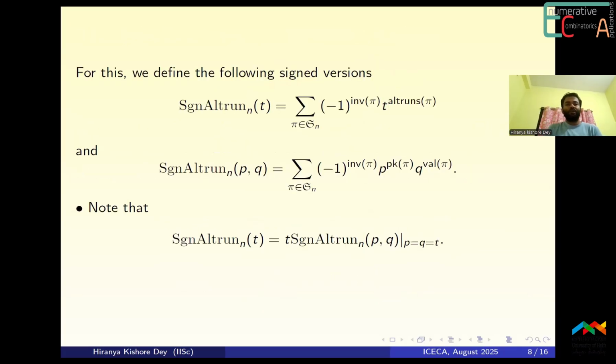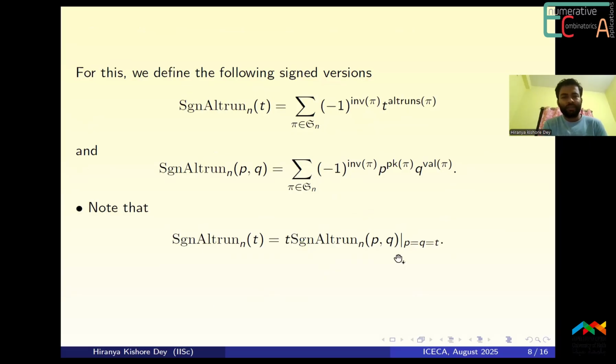Towards that, let us define the signed versions of those polynomials. Signed altrun n of t denotes the summation of minus 1 to the power inv of pi, t to the power altrun of pi. And signed altrun n of p, q is the summation of minus 1 to the power inv of pi, p to the power peak pi, q to the power val pi. One can note that signed altrun n of t is nothing but t times signed altrun n of p, q, evaluated at p equal to q equal to t.